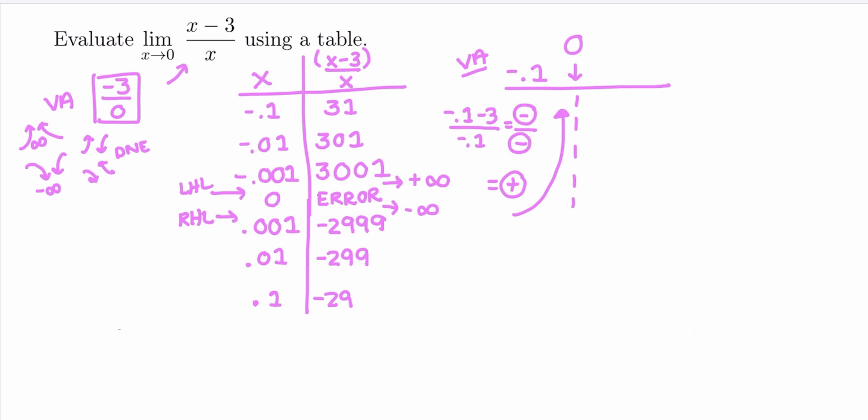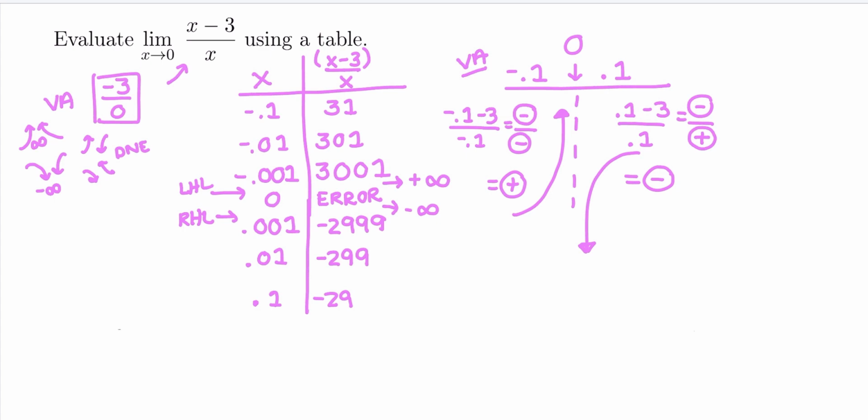If we plug into the right, for the right-hand limit, I'm just going to plug in 0.1 and see which type of infinity I'm headed to. Into the function, I'd have 0.1 minus 3, which is going to be negative. And then it's divided by 0.1, which is positive. So a negative divided by a positive is a negative, and we're headed down to negative infinity.